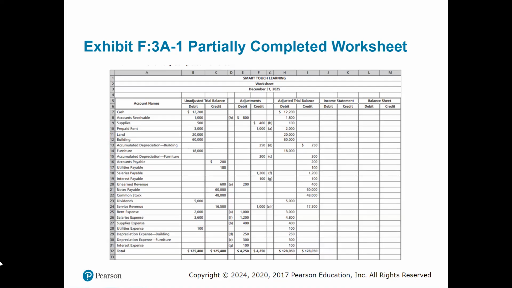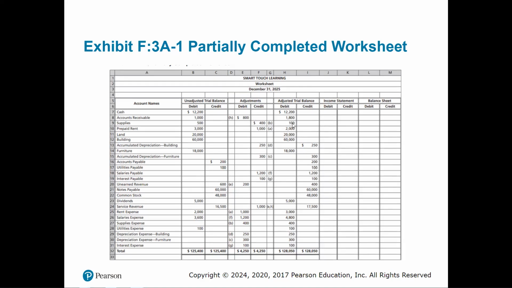So if you started out with a $1,000 debit balance for this accounts receivable, and then you debited it for 800, you'd have an $1,800 ending balance. So instead of doing this in a T account format, we're doing it in a spreadsheet format with the worksheet. It's the same exact process, just in a different orientation.